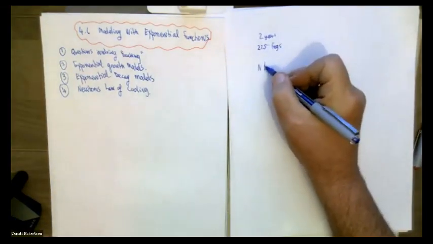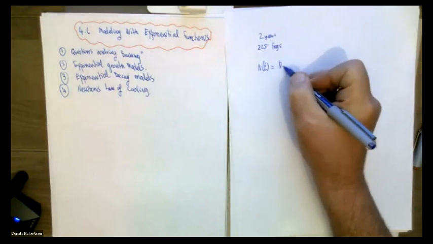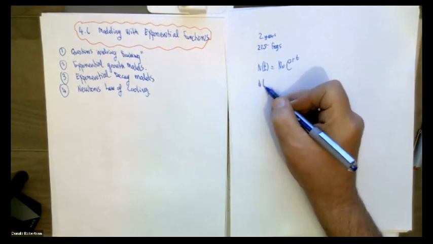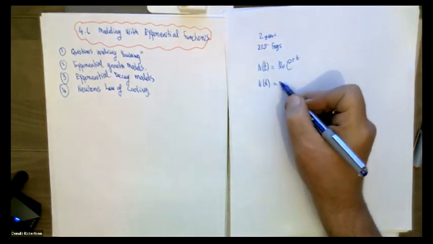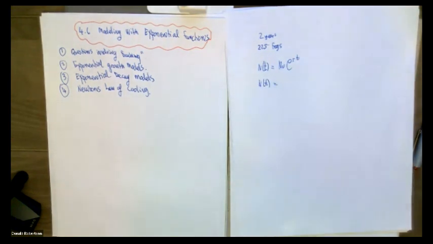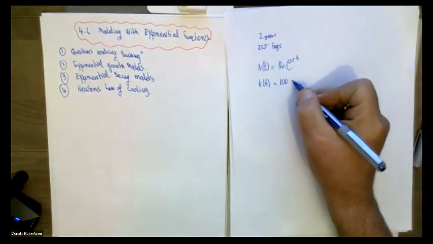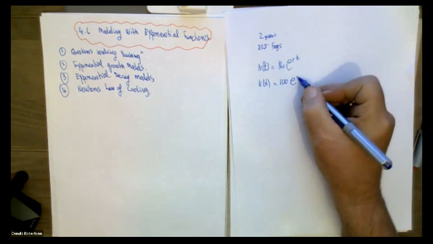The number of frogs, N of t, is N naught e to the rt. We know that the initial population of frogs was, I've now forgotten it, I believe it was 100, but I'll double check. Yeah, it was 100. And that's e to the rt.